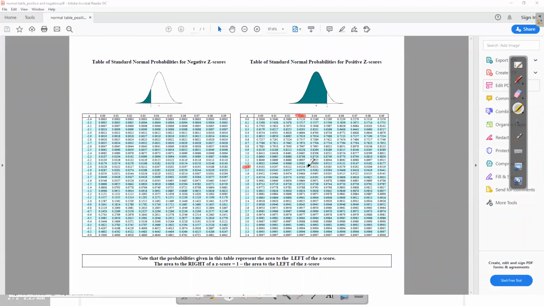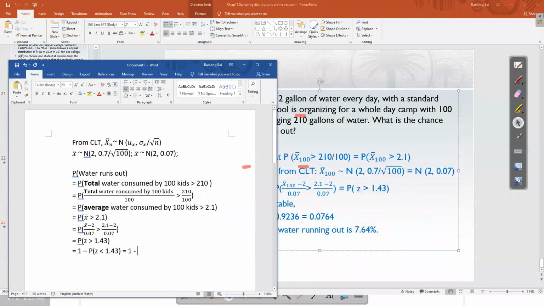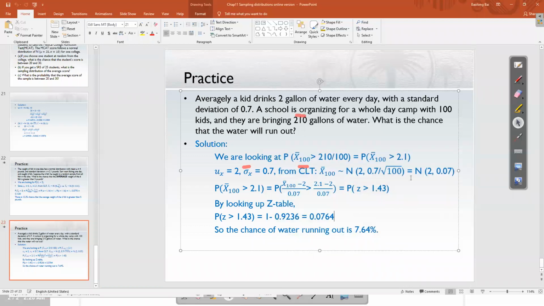So the probability correspondingly is 0.9236. Right, so 1 minus 0.9236, and do a little calculation, 0.0764. So converted to percentage, 7.64%. So that's the answer, right? So about 7.64% chance that the water will run out.